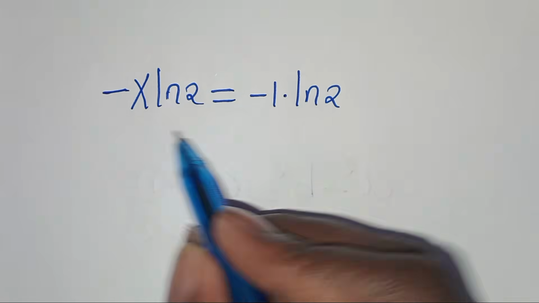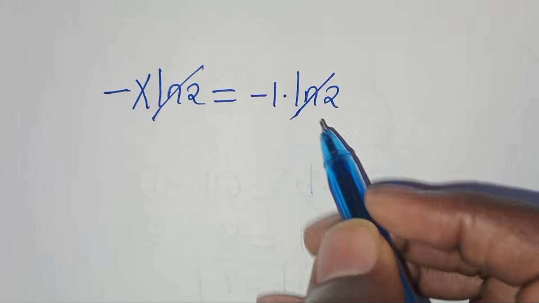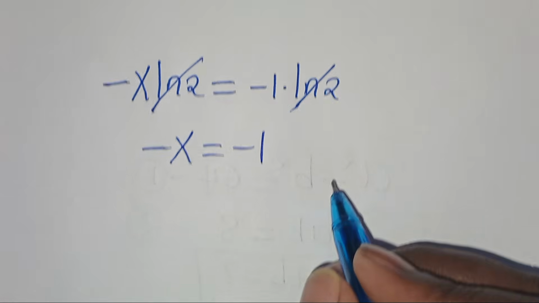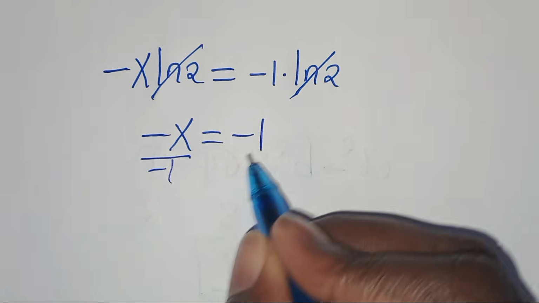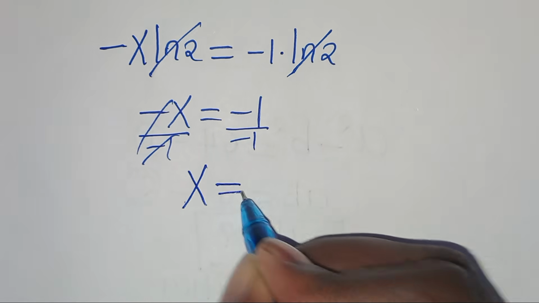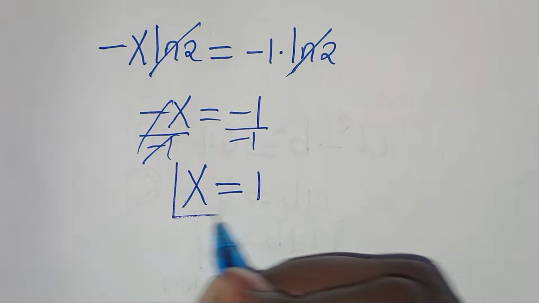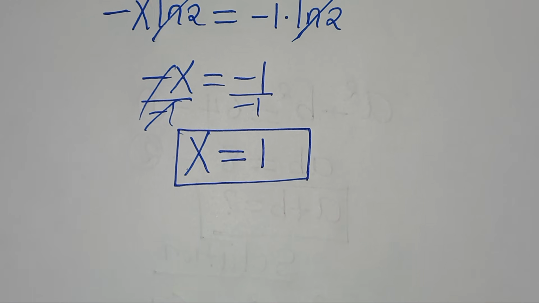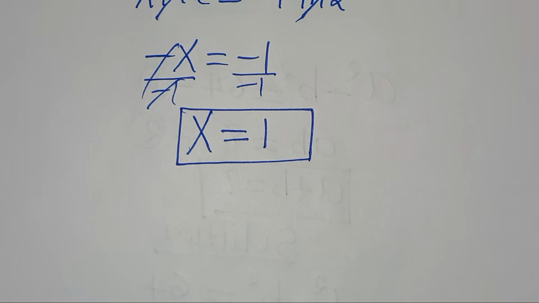Now from here, we can simplify ln of 2 and ln of 2 so that we have minus x equal to negative 1. If we divide both sides by minus 1, we have the value of x equal to 1. We also have x equal to 2. This is also another solution.